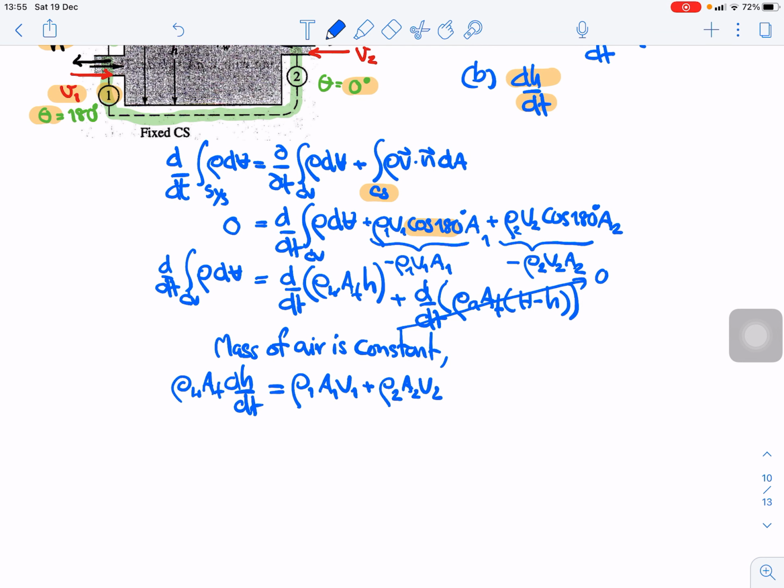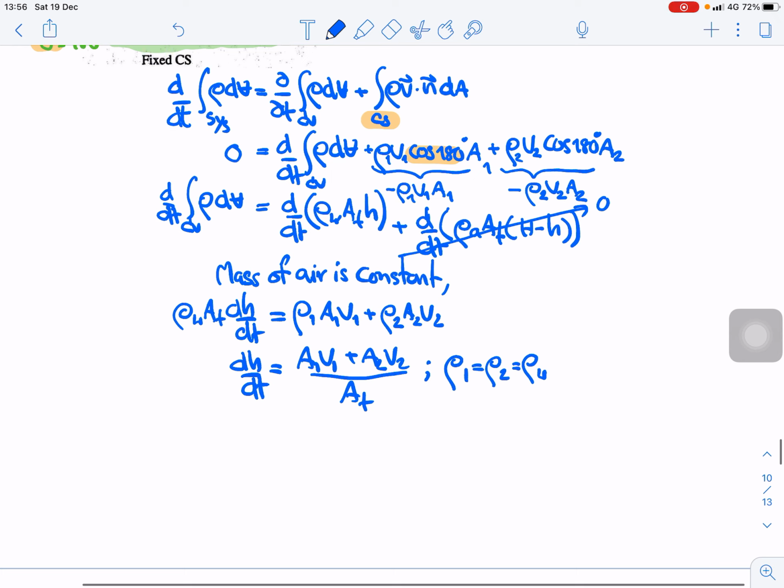So we can find that dh dt is equal to A1 V1 plus A2 V2 divided by A tank, the area of the tank, because in this case rho 1 and rho 2 are equal for water. So dh dt is equal to Q1 plus Q2 divided by the area of the tank.